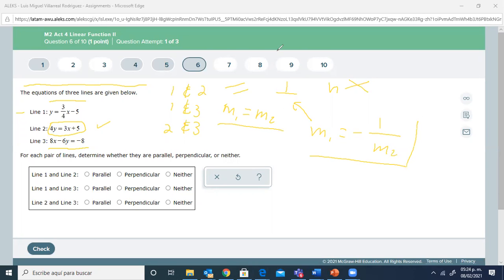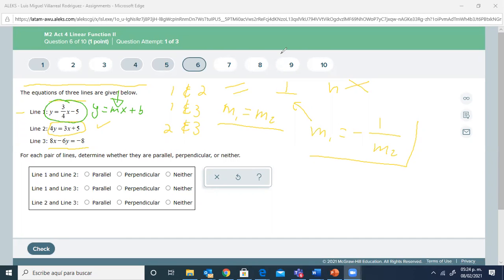So what we have to do is figure out how much is the slope in each one of these. One way to see it is to put the equation into this form. When you have y equals mx plus b, we know that the slope is equal to m.